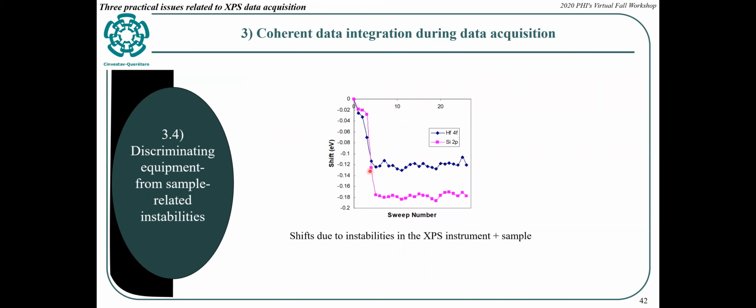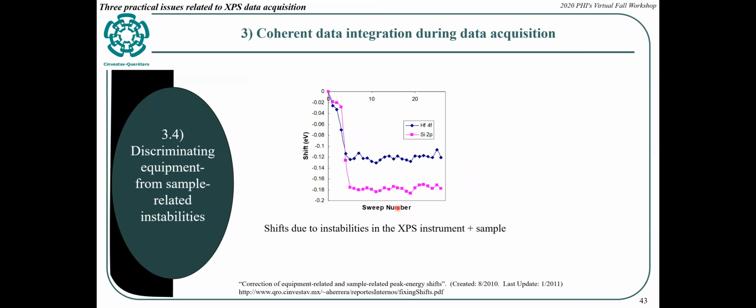But you can also have sample-related shifts. You can have charge centers that shift one peak from another, and here the shifts are different for the different core levels. So everything is here. It is still not a paper, just an internal report. You are welcome to download this. Okay.